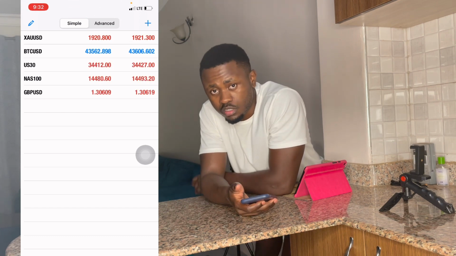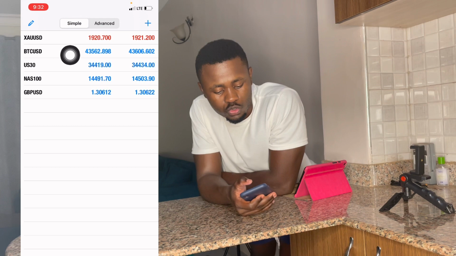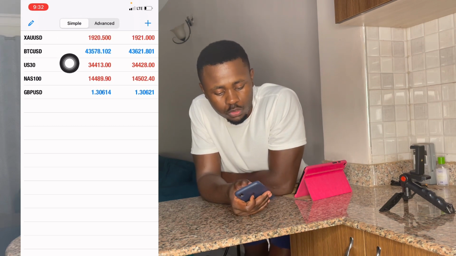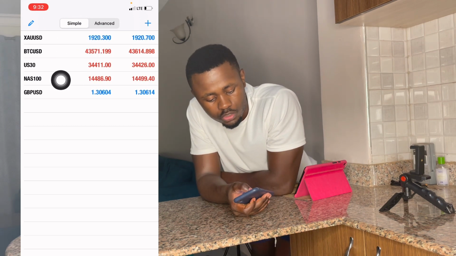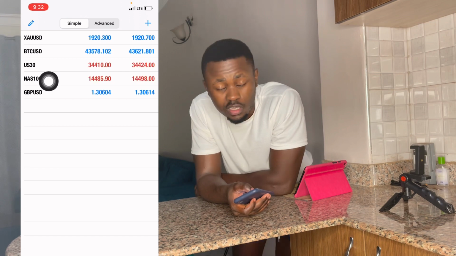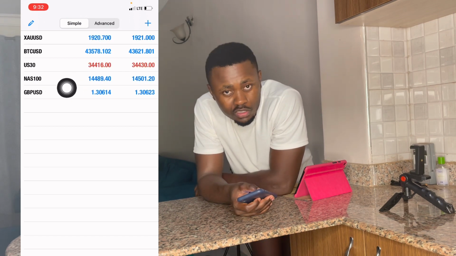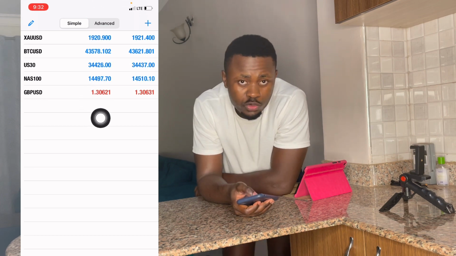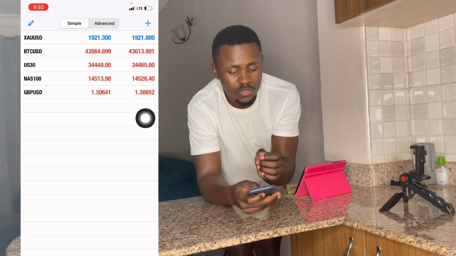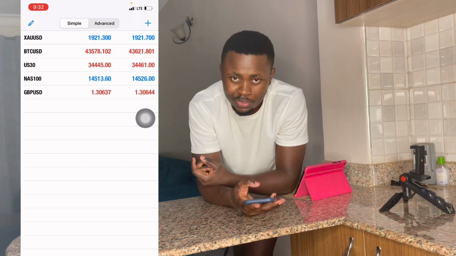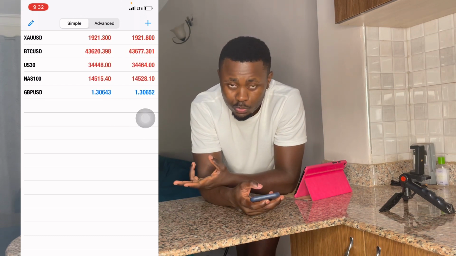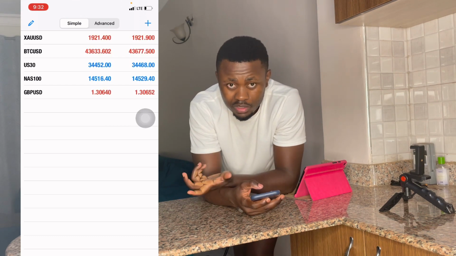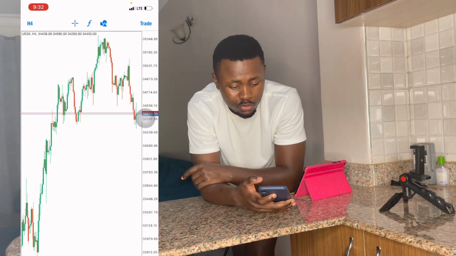This helps you monitor them and know their movements, because I'm trading gold, Bitcoin, US30, NAS 100 or NASDAQ, then GBP, USD. These are the currencies that I'm trading. So take notice of this and this will help you trade a few currencies and master them, guys. So I hope you do so.